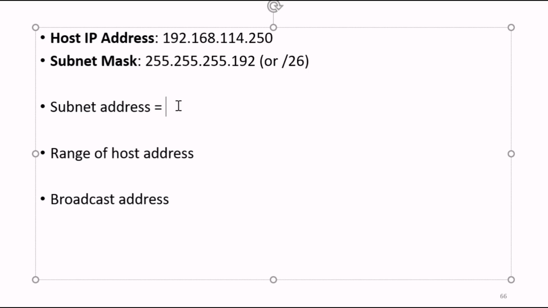If all are 1, it means it should be the same as the IP address, 192.168.114. Here is different because you need to change it to binary and do the AND operation, because you might get confused if you use decimal. So for this, you will get 192 for the subnet address.